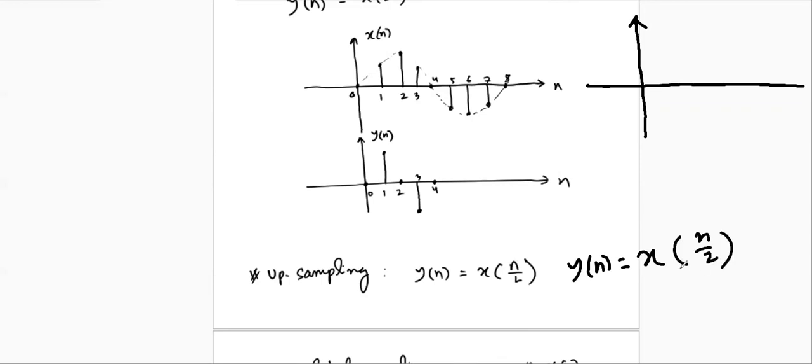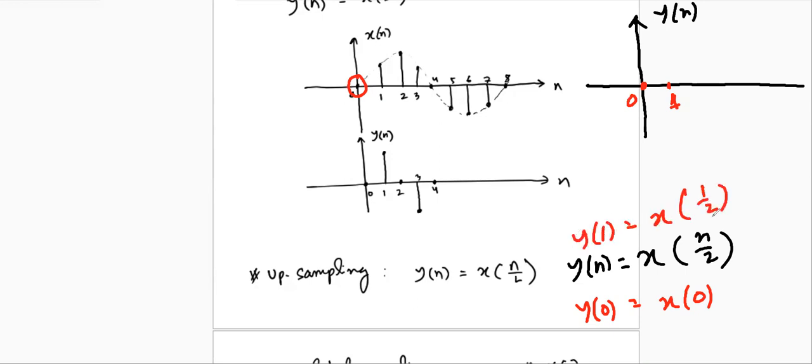If we take 2 as the factor, then for the 0th sample, what would be the value? The same value, because y[0] equals x[0]. Now looking at the first sample, y[1] equals x[1/2], that is half.